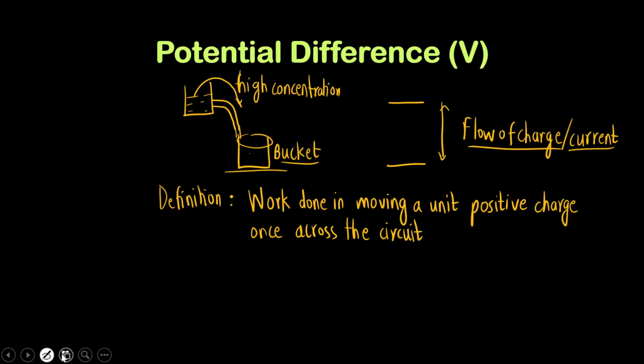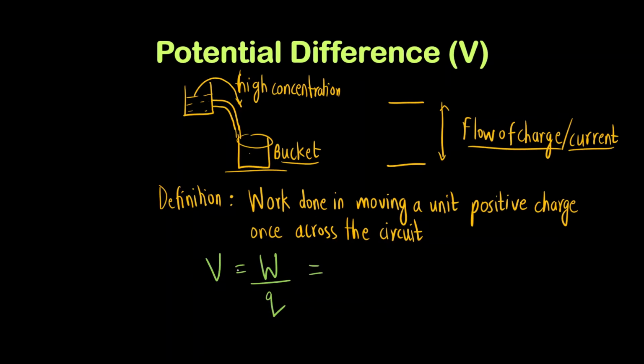So what is the formula for potential difference? It is denoted by capital V. V is equal to work done, W, upon charge, Q. So work done in moving a unit positive charge, that is why V is equal to W upon Q.